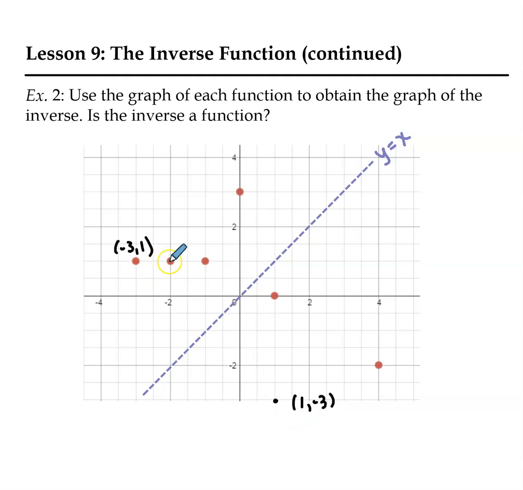Our second point is -2, -1, -2, +1. So we're going to map out +1, -2, -1, 1. So we have 1, -1.